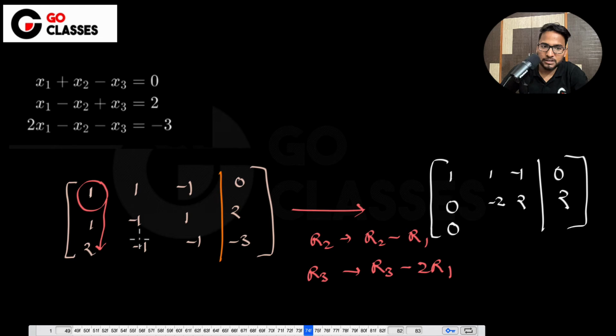Now R3 is minus 1 and 2R1 is 2, so this will be minus 3. And then minus 1 plus 2, that will be plus 1. And then minus 3 minus 0, that will be minus 3. So this is what you are getting.